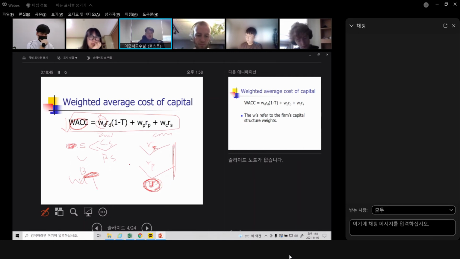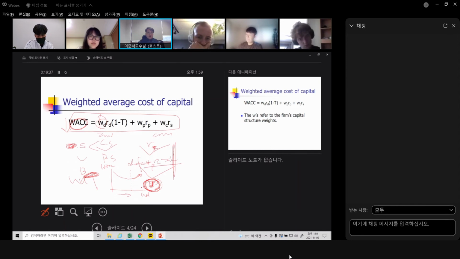It's not necessarily. So if the x-axis is WD, the weight to raise funds by using debt, and the y-axis is WACC, then as the weight of debt is increased, WACC decreases, okay? Until some point. After some point, WACC may rebound upward, right? It goes up, because of default risk.